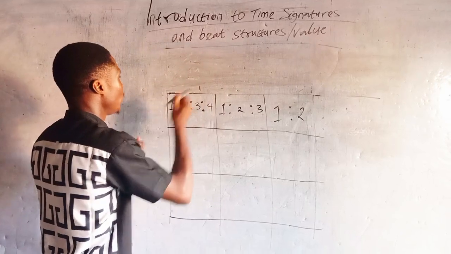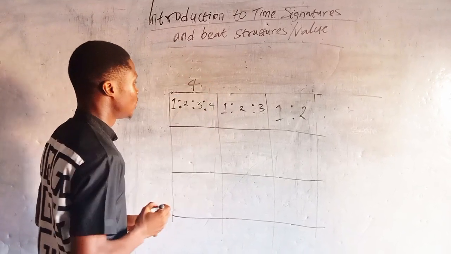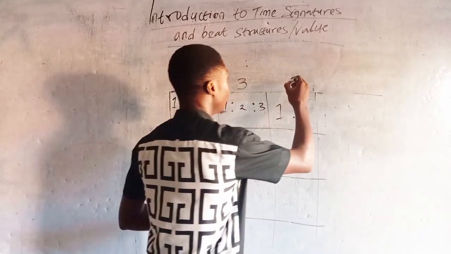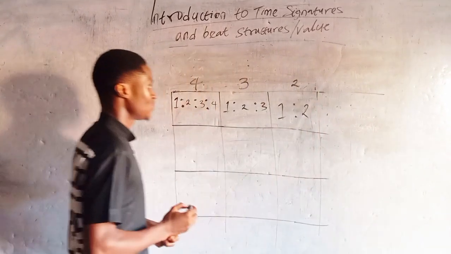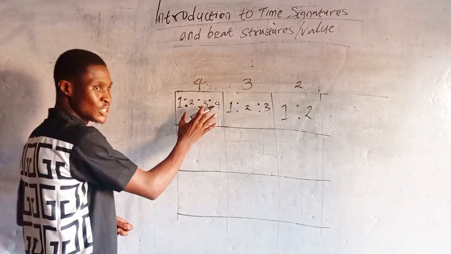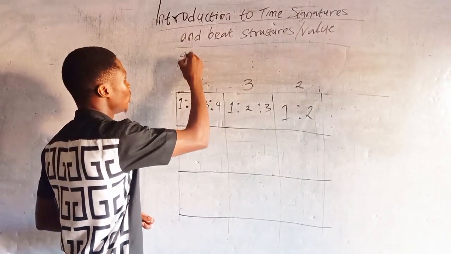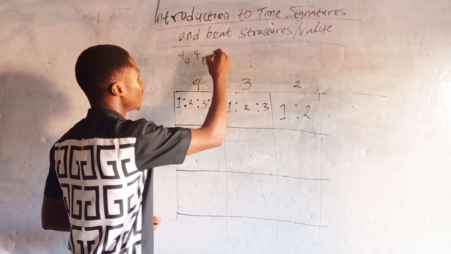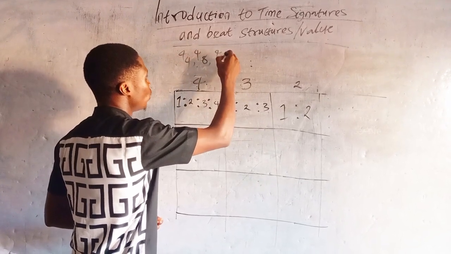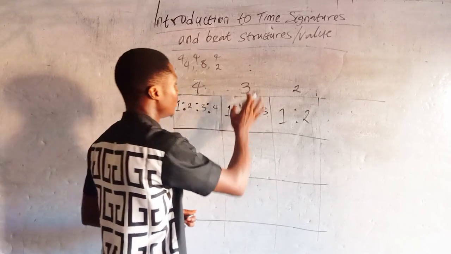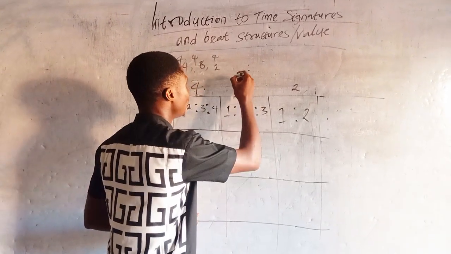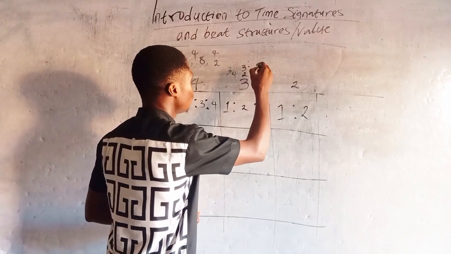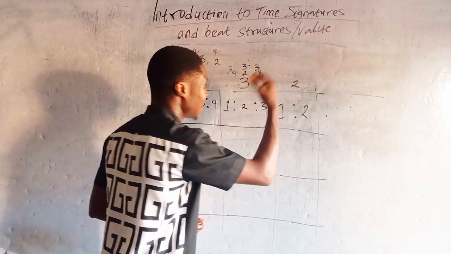In this bar, we have 4 bits. In this bar, we have 3 bits. In this bar, we have 2 bits. So the time signature for this bar would be 4, 4, 4, 8, 4, 2, and so on. For this bar, we could have 3, 4, 3, 2, 3, 8, and so on.